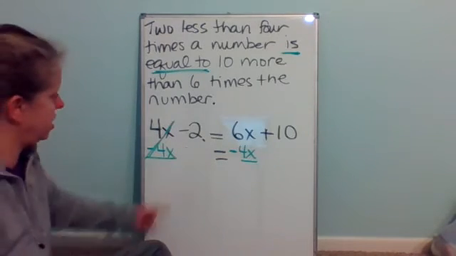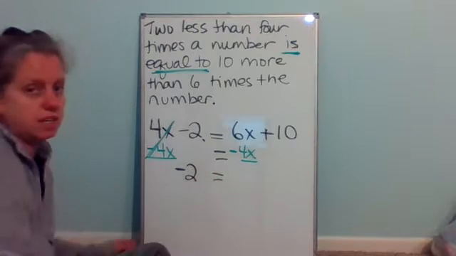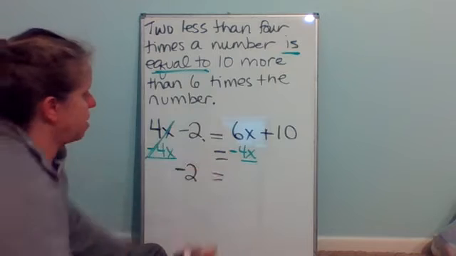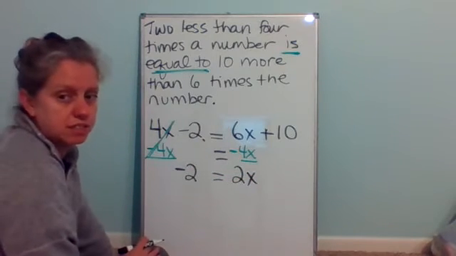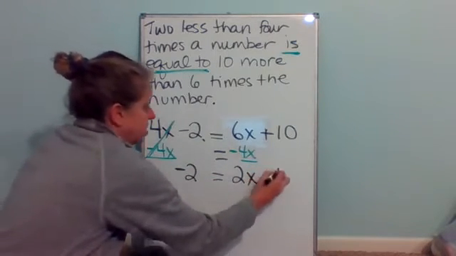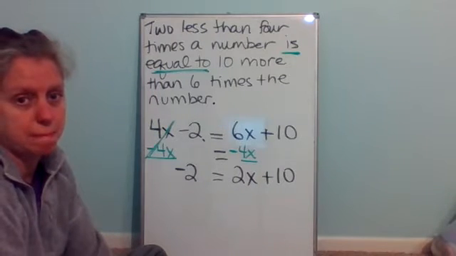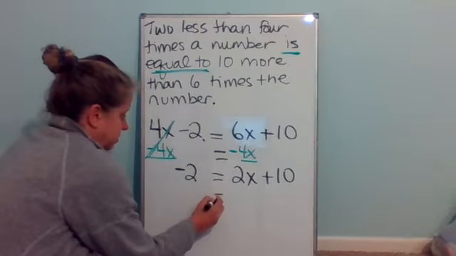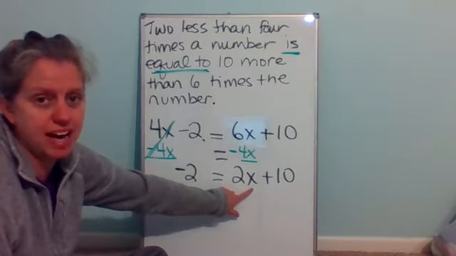All I have left over here is this -2 equals, here's my 6x minus 4x, which now leaves me with 2x. Drop down the plus 10. Again, here's my equal symbol. Here's the x that I'm trying to get by itself.